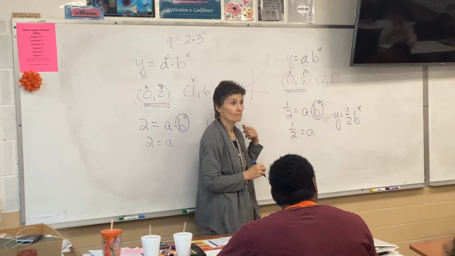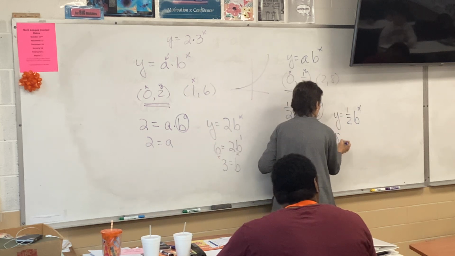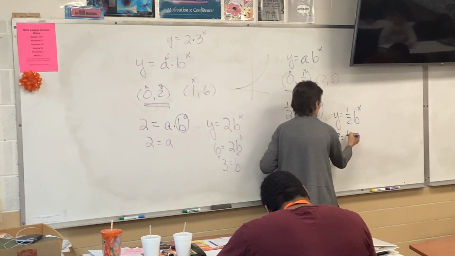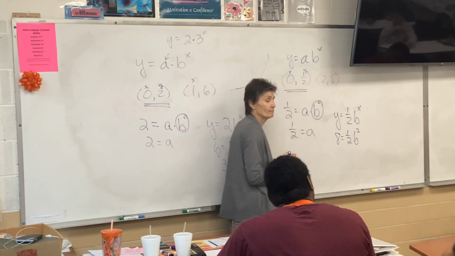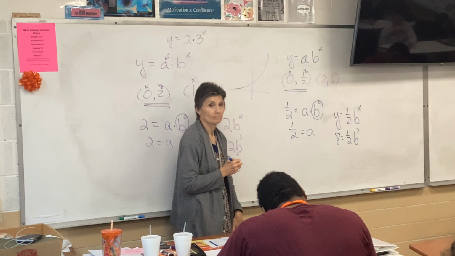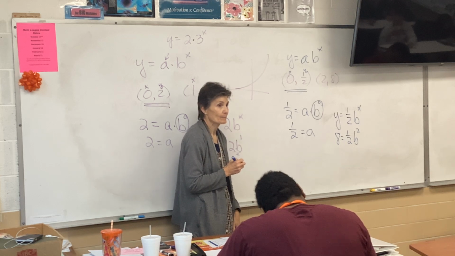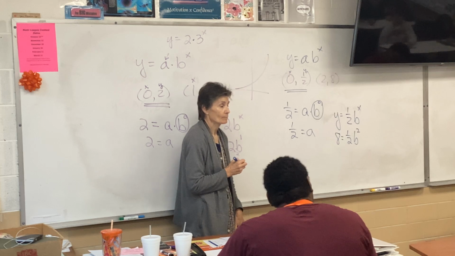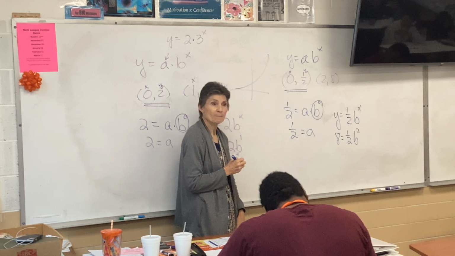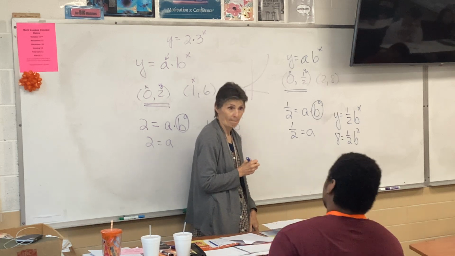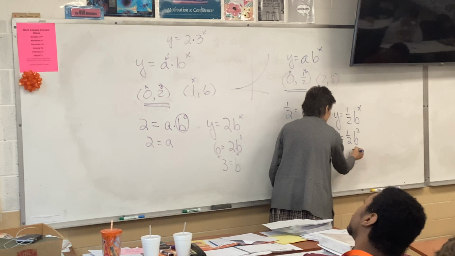Now what do we do? Plug in the other point. So 8 equals 1/2 b to the second. How do I solve that? Could I multiply both sides by 2? So 16 equals b squared.